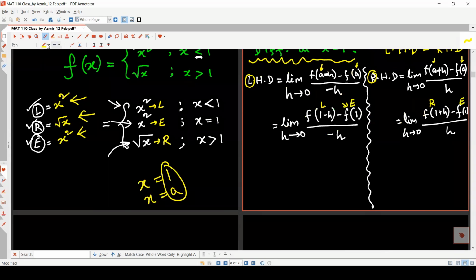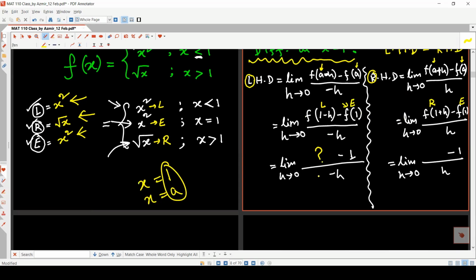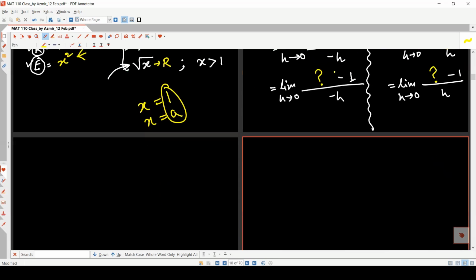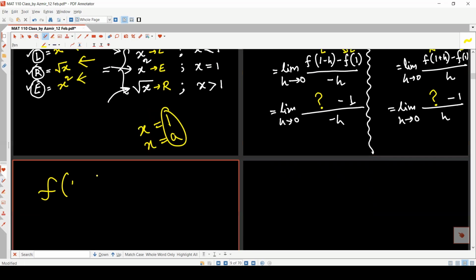So let me write 1 where we have f of 1. We know this value. Now we can give here a big question mark. What will be f of 1 minus a and f of 1 plus a?